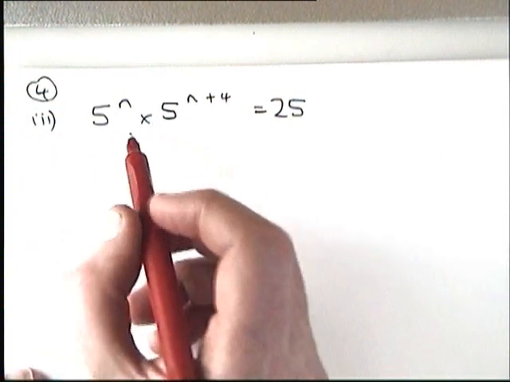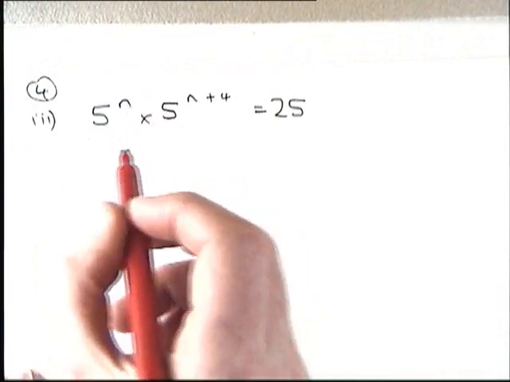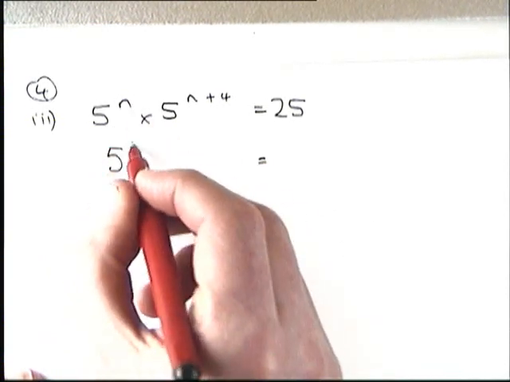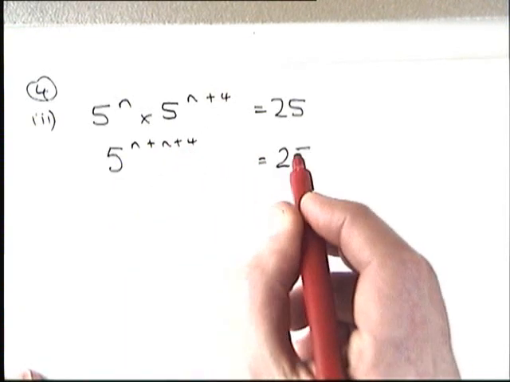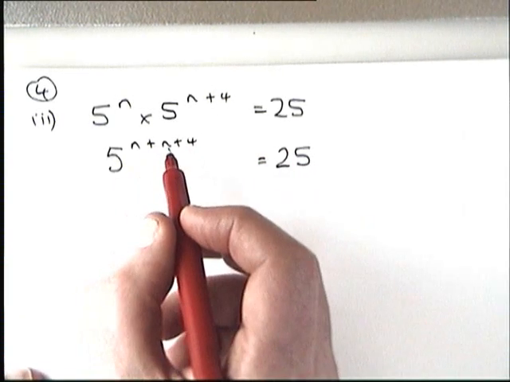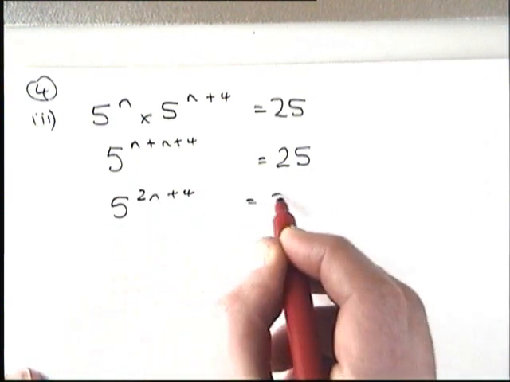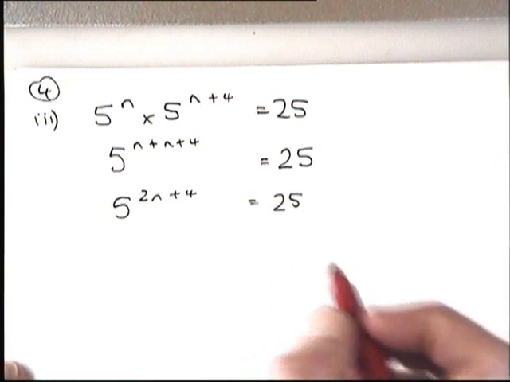When you're timesing, if these big numbers here are the same, you add the powers. So the left-hand side of the equals, that's the same as 5 to the power of n plus n plus 4. So n plus n is 2n. So I have 5 to the power of 2n plus 4 is 25.